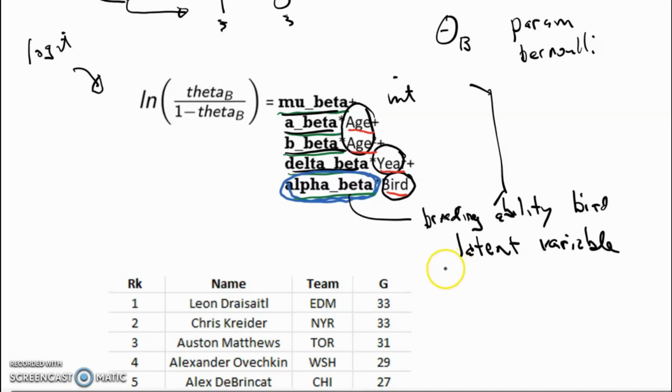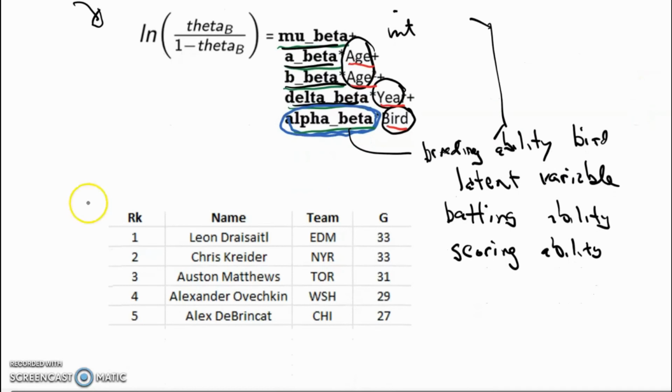A good example would be batting ability that we saw in our baseball example, or scoring ability that we can think about if we consider the NHL. So here's a bunch of goal scorers.